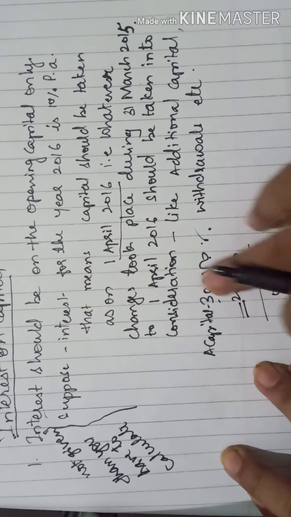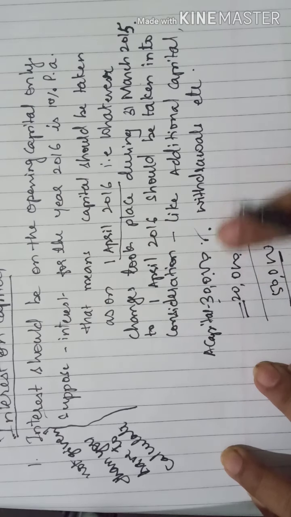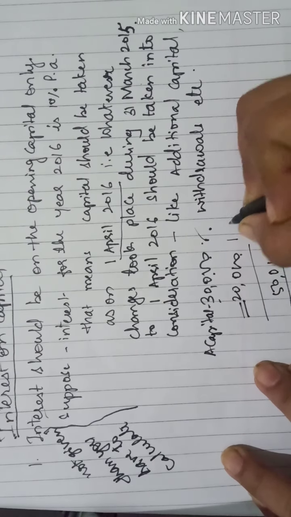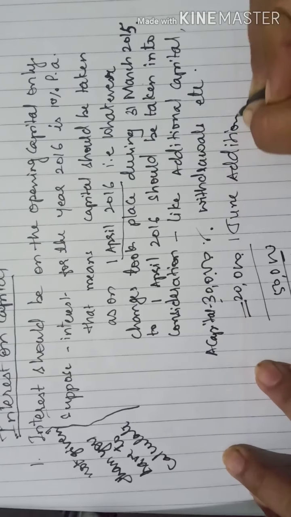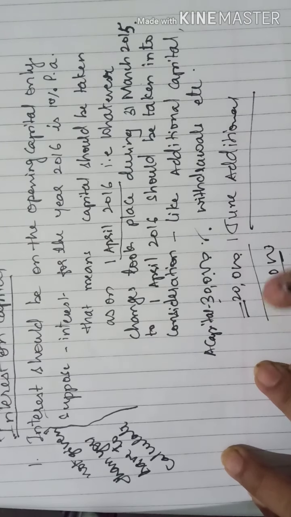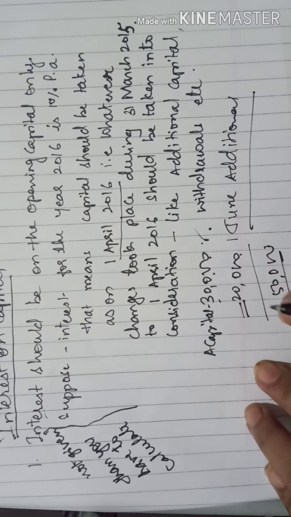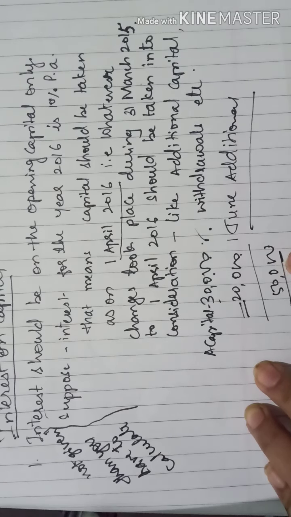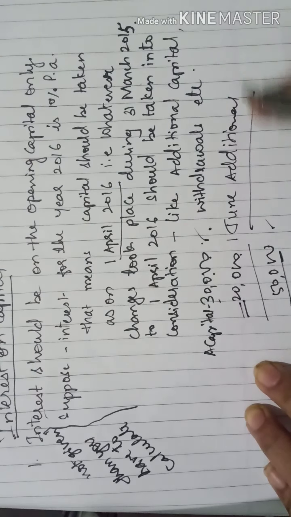Once this additional capital came into existence on 1st June, from 1st June till 31st March the capital was 50,000. So we will charge interest on 50,000. Likewise we will give interest.